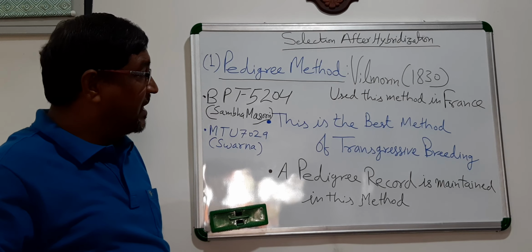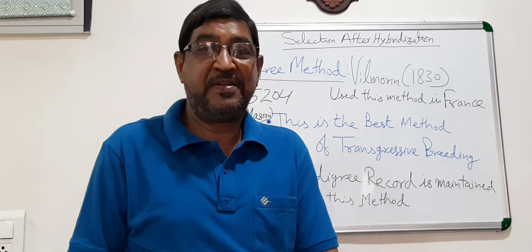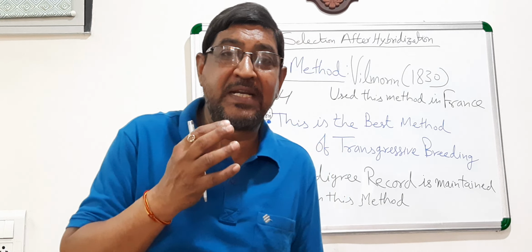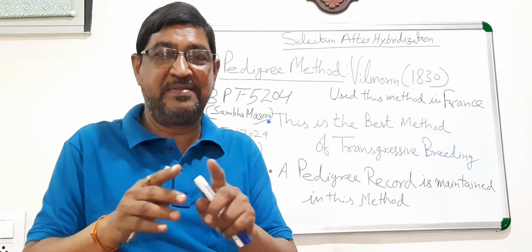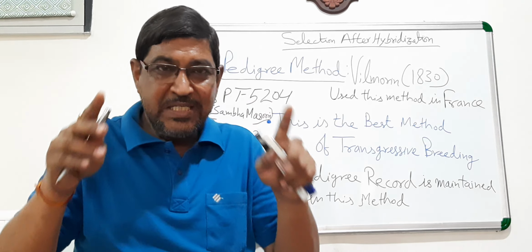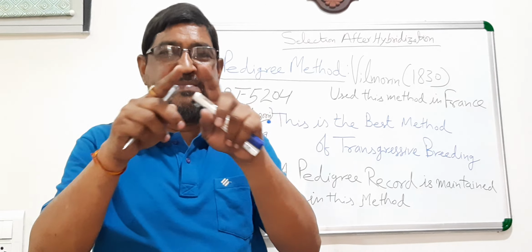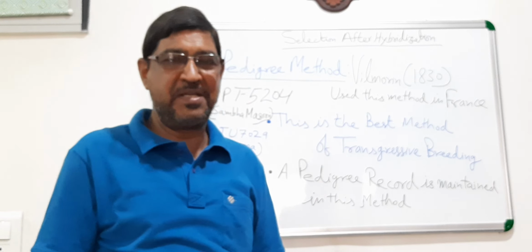In this pedigree method for exploiting transgressive segregants, you are maintaining a pedigree record. That is why this is also called the pedigree method of breeding, though you are exploiting transgressive segregants here also.